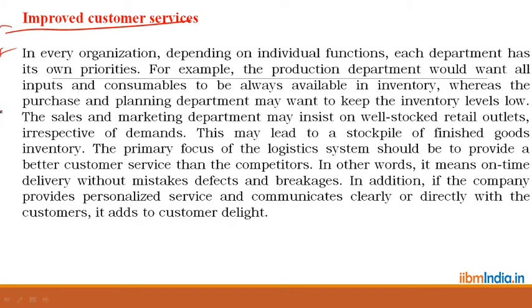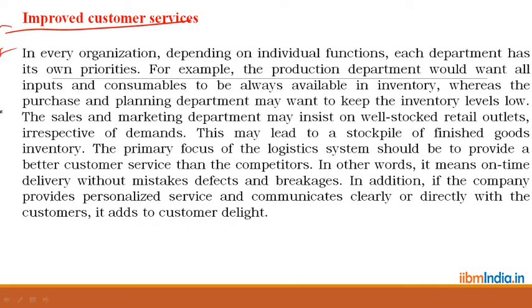How can we improve the customer services? In our organizations, there are different departments: production, dispatch, sales, marketing, HR and purchase. Every department has its own priorities. For example, the production department would want all the input and consumables to be always available in the inventory, whereas the purchase and planning department are more concerned about keeping the inventory levels low, so they bear less cost of procurement and carrying cost.